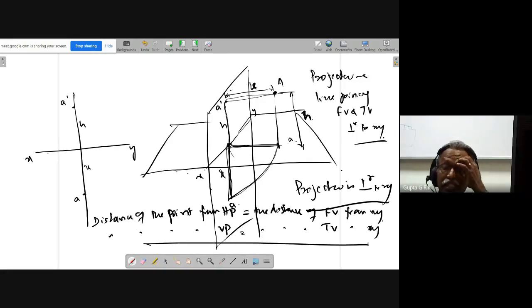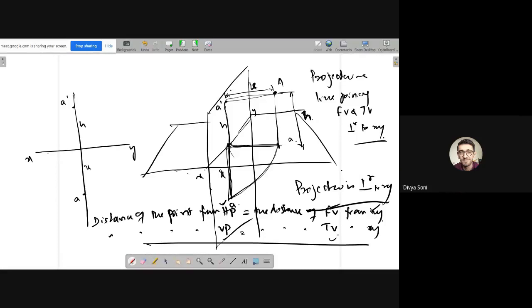So the data related to HP goes to the front view, and the data related to VP goes to the top view. Is that clear? This must be clear. Once it is clear, we can solve the problems. Yes, sir, it's clear.